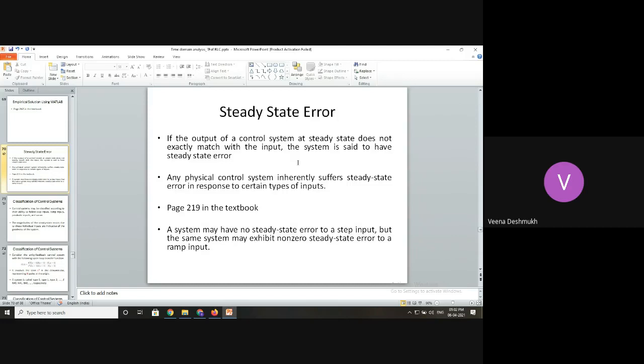Now, how much error is tolerated? We already discussed the 12 parameters in the very first sessions: the accuracy, the sensitivity, the error tolerance, and what type of error it is, whether human error, machine error or zero error, parallax error.